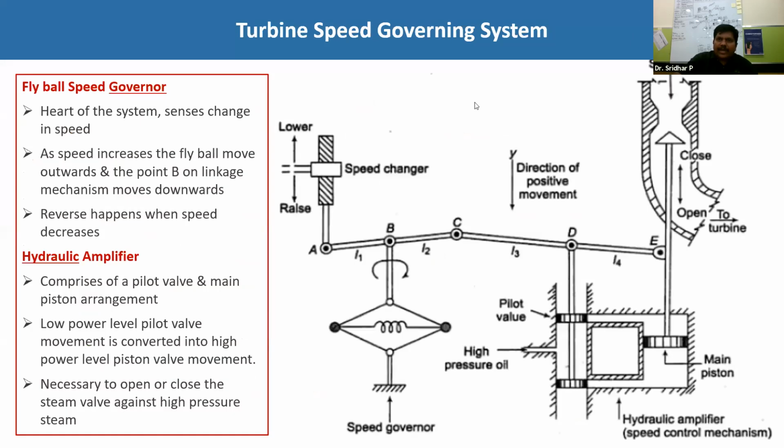Now, I think we have discussed the speed changer, and the last point is the linkage mechanism. What is this linkage mechanism? Now see, from A to C, this is one link, and ABC is one link.